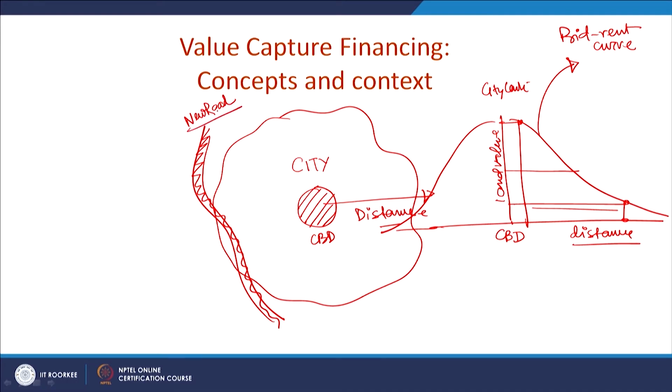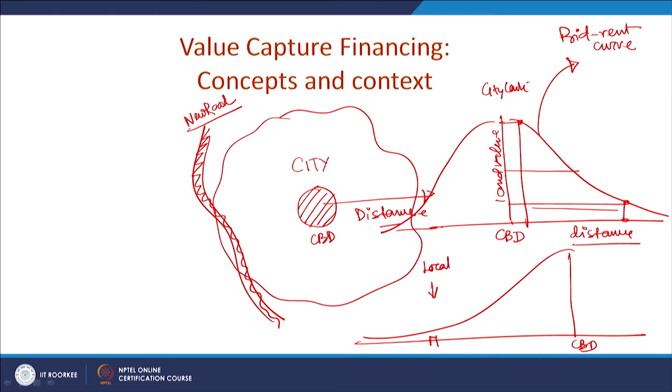In this situation, if this is your CBD and this is your land value curve or bid rent curve, then because of this road, this is the location of the road, the land value of the adjoining area of the road will be slightly higher and it will shift from the original location of the bid rent curve, and there will be an additional increment of the land value.